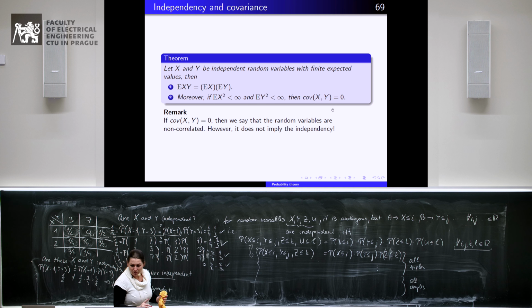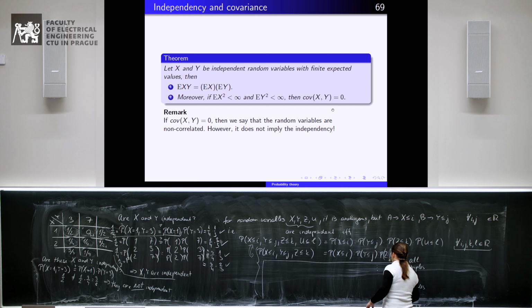But we have one nice property. If you remember, what does it mean that phi implies psi? One property implies another property.